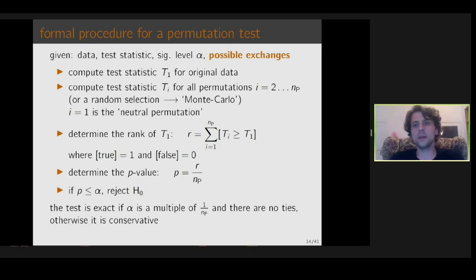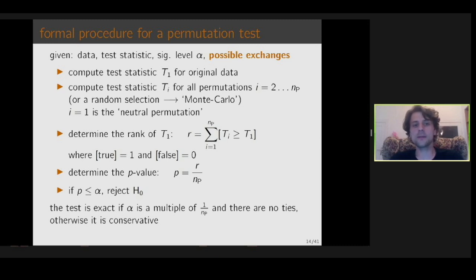So given that these requirements are met, the procedure is then as follows. First, we compute the test statistic T1 from the original data. Then we compute the test statistics Ti from all possible permutations, where i runs from 2 to the number of permutations.